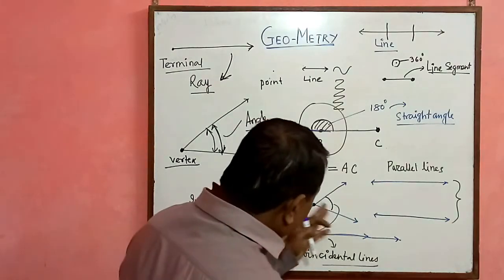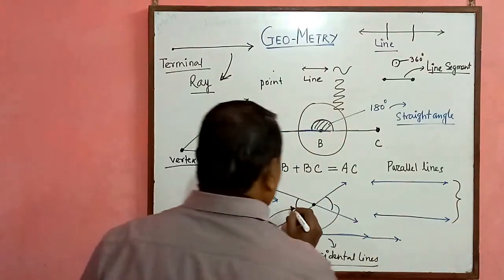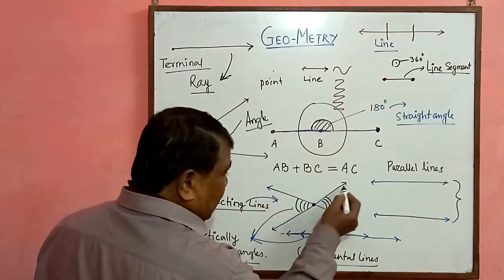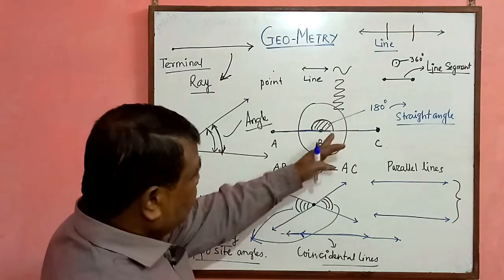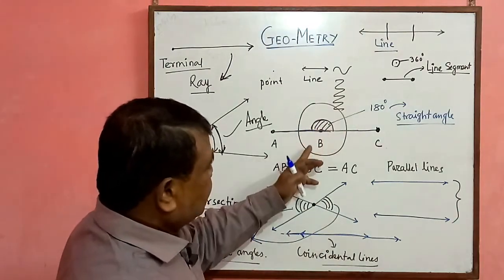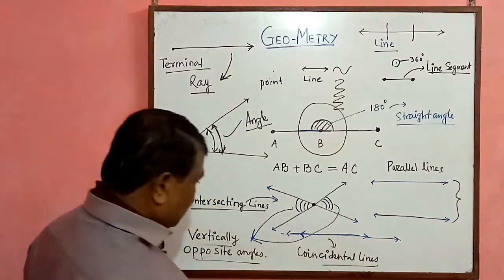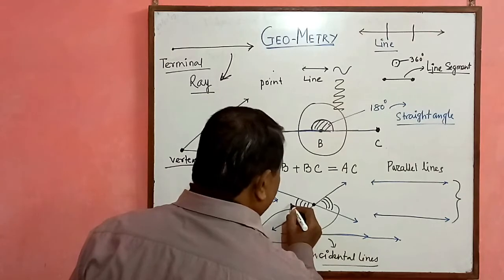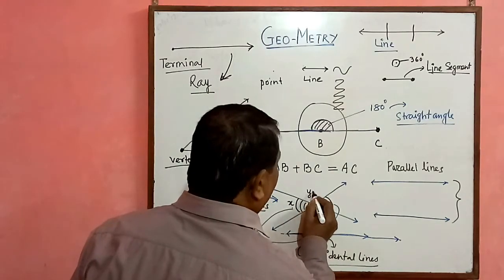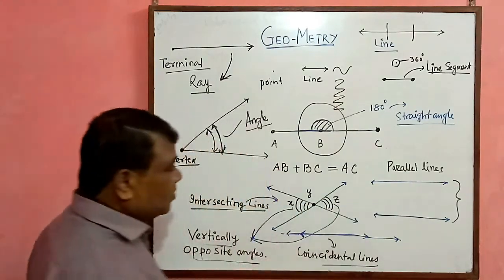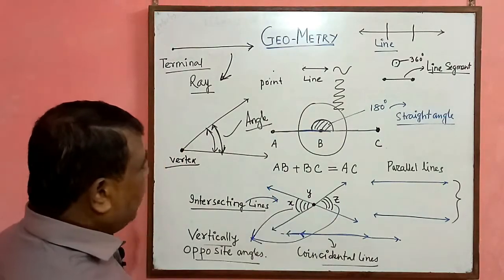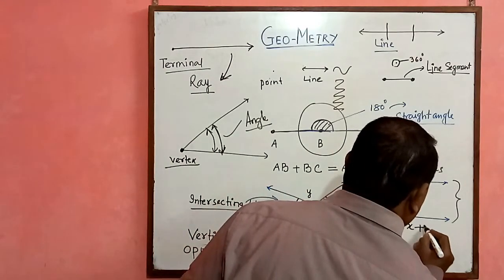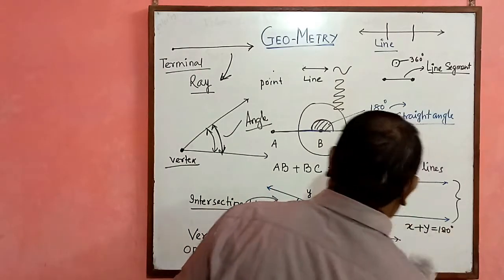How are these vertically opposite angles equal? Now you see, this is a straight line. I told you the angles on a straight line will always be 180 degrees. So let's say these are x, y or z. So we have x plus y is equal to 180 degrees.